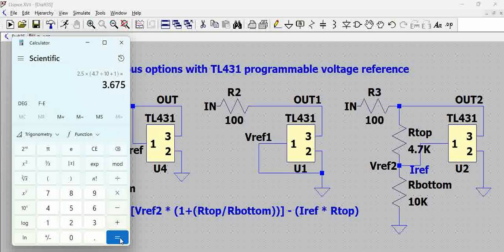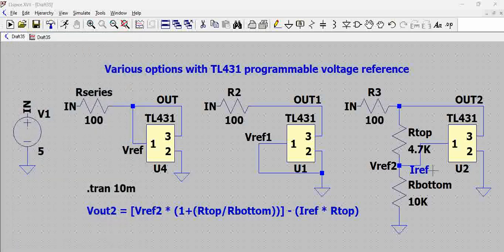When you do this, you see it is around 3.675. That means the output voltage is expected to be around 3.6 or 3.7 volts. Now let us try to probe this.